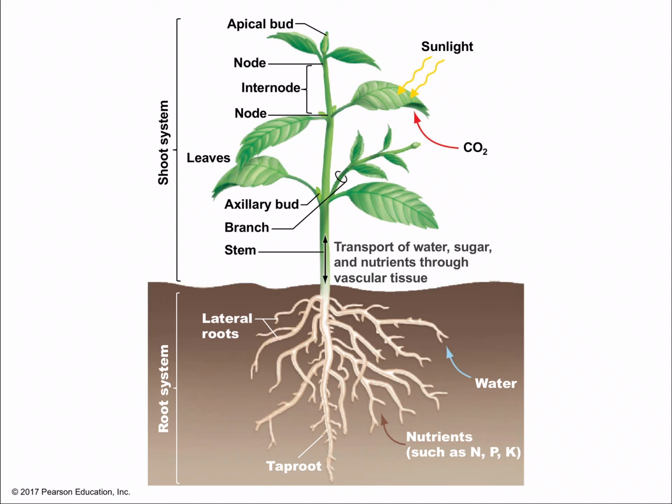So just notice, know the difference between a node, right, where these leaves are going to branch off. The actual growth takes place at a bud, okay, so the buds come off of the nodes, and then in between we've got our internodes. So internode here and internode here in between the nodes. Okay, you got your apical bud at the top, and growth is going to take place appositionally that way.